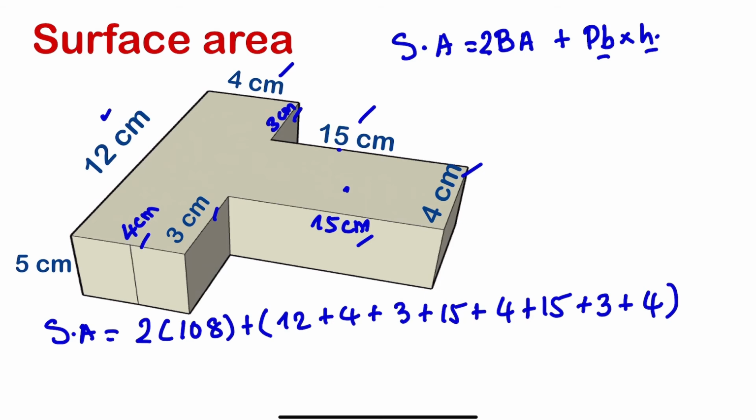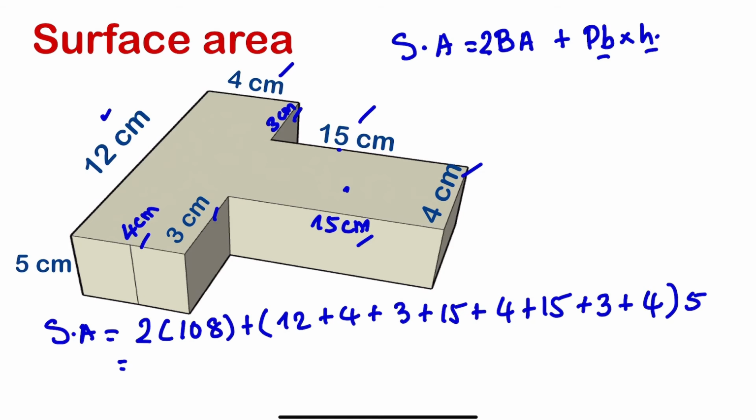The height of this prism is 5. If we add all of these together, it will give us 60.